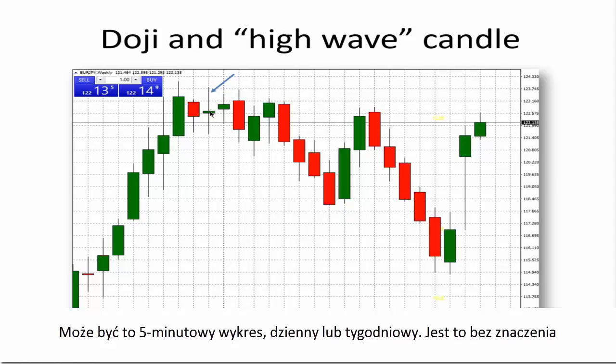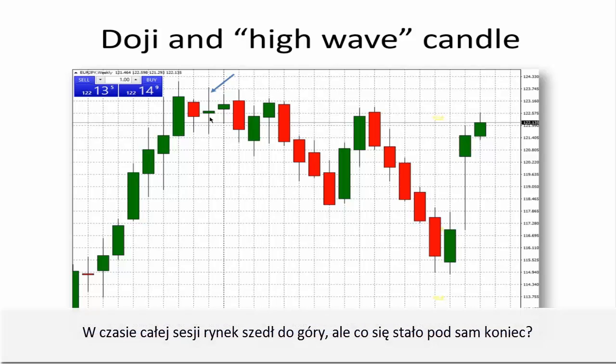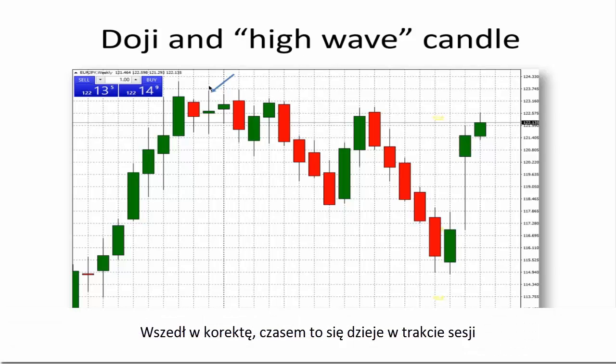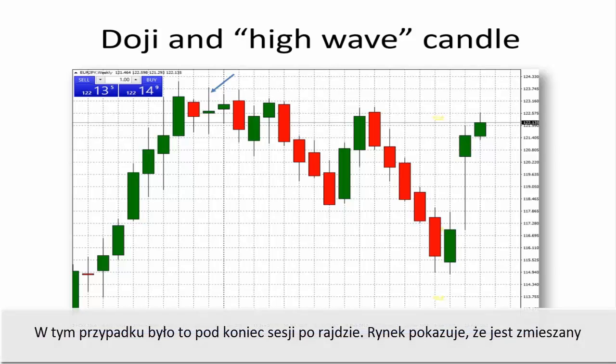Because look, and this could be a daily chart, a 5-minute chart, a weekly chart, it really doesn't matter. During this time period, the market rallied, but what happened by the end of the session? It had pulled back. Sometime during the session, the market sold off, but by the end of the session, it rallied to close up here.